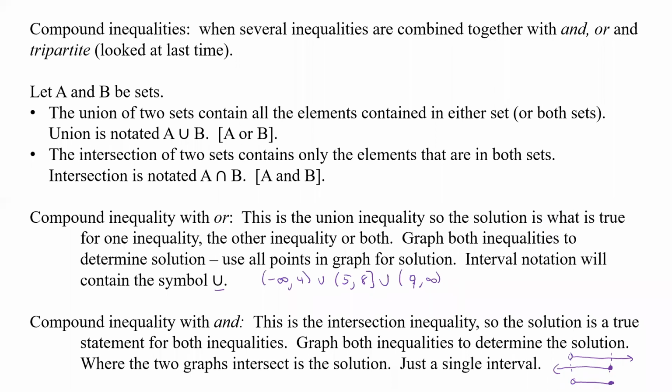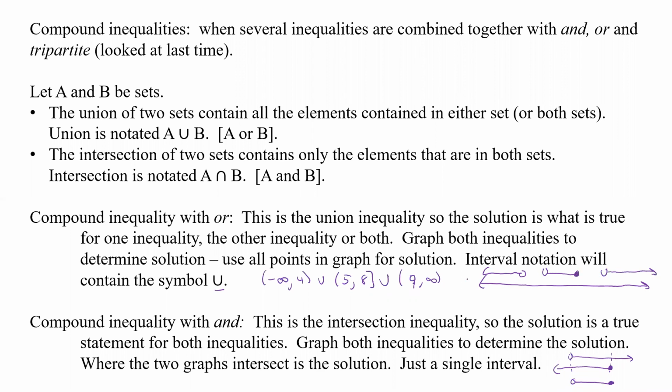And so we'll just have one interval when we get done writing in interval notation, whereas with the or we had multiple pieces, because you might have had a graph that went like this to that, and then from this to this, and then from this to that.